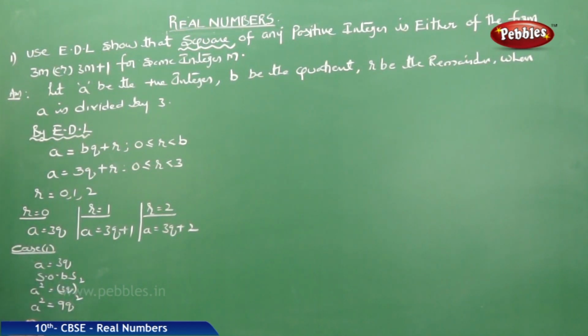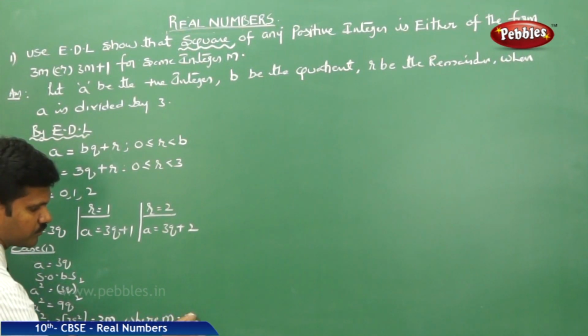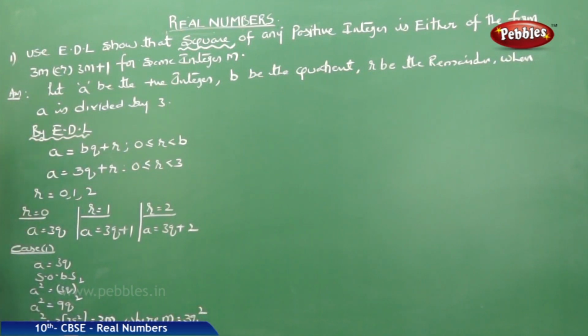That is, A square is equal to, I can write this as 3 into 3q square, which is nothing but 3m, 3 into m, where m is equal to 3q square. Here I can see square of any number is of the form 3m, where m is some integer.